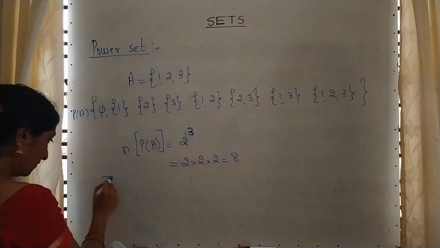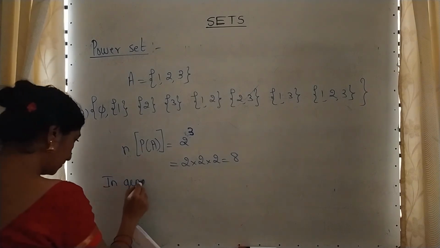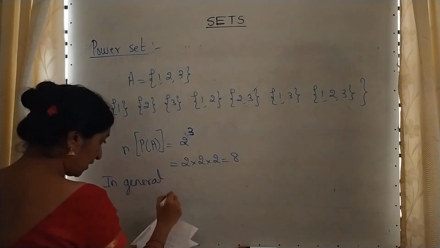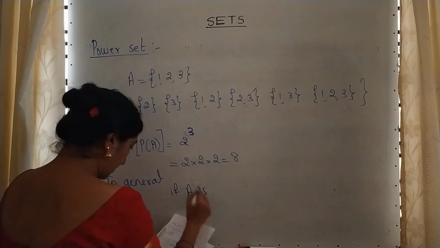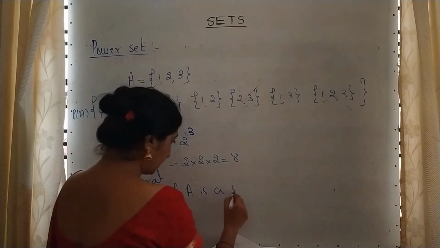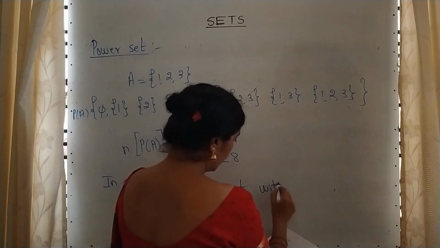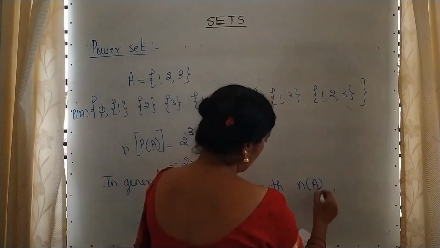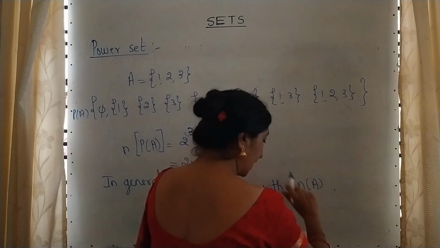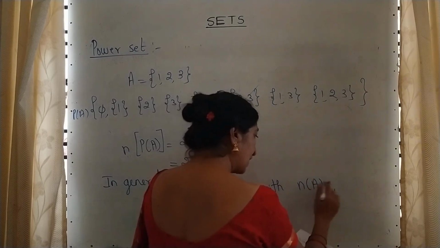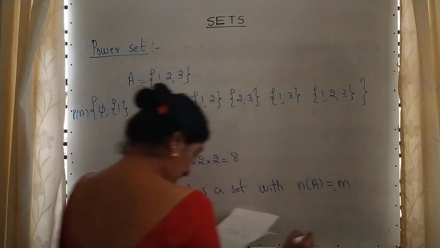So in general, if A is a set with m elements, the number of elements in set A is equal to m. When writing it is like this, and reading it is: number of elements in set A is equal to m.